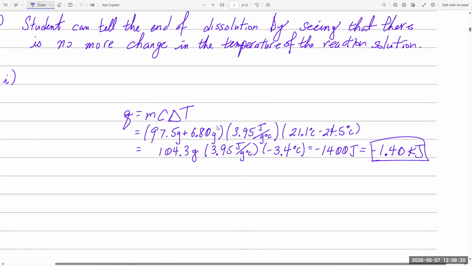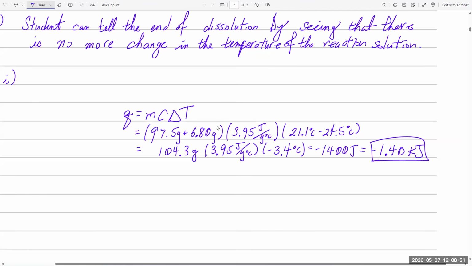So due to the heat loss, we would think the reaction produced less heat per mole than actual.